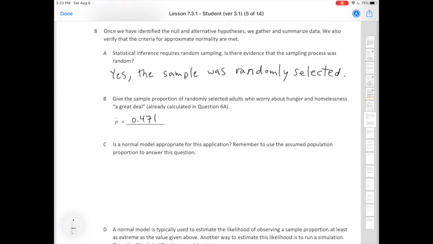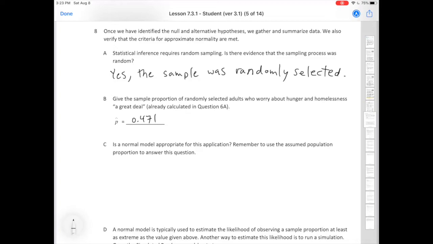Next, part C. Is a normal model appropriate for this application? Remember to use the assumed population proportion to answer this question. Okay, so hopefully you guys remember the condition for things being normal or not. We need to make sure that the expected number of successes and failures is at least 10.